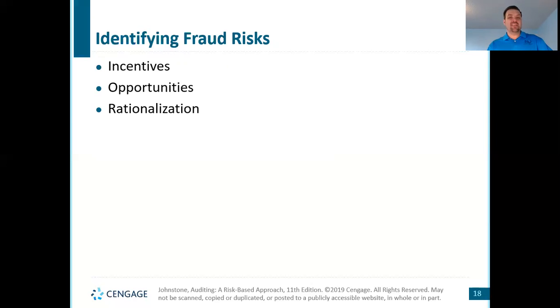Opportunities. Remember, this is the one that is best and most mitigated by effective and good internal controls. It's the one that internal controls do the most to reduce. Doesn't mean internal controls can't reduce the other 2, but opportunities is the number one thing that a good internal control system can mitigate more than the others. And then rationalization. That's the one where we talk about, why does this person feel they deserve to have this money?